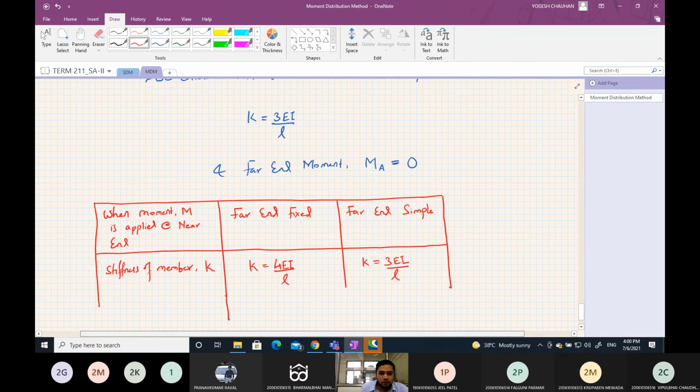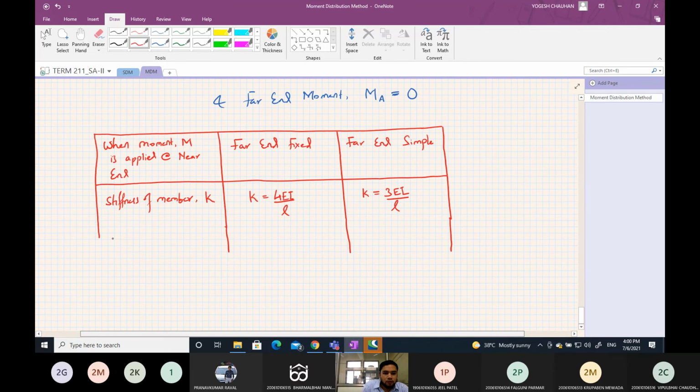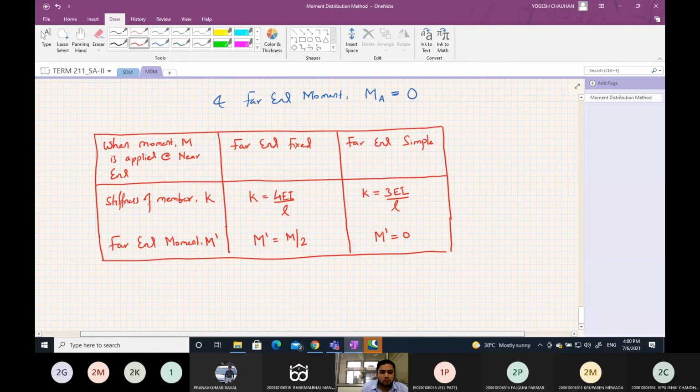Second thing, the carryover moment, we call this as M dash. So carryover moment M dash will be equal to M by 2, and here in this case M dash will be 0.